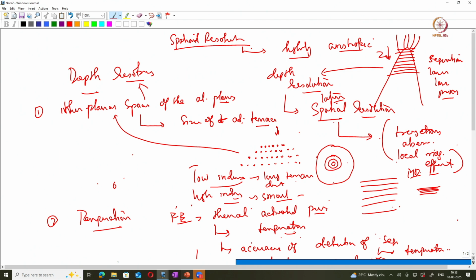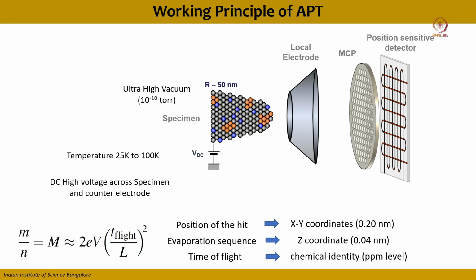Fine. So now as we finish these basics related to the reconstruction and the importance of parameters, I will briefly go through the working principle of atom probe tomography, so that you get a revision.